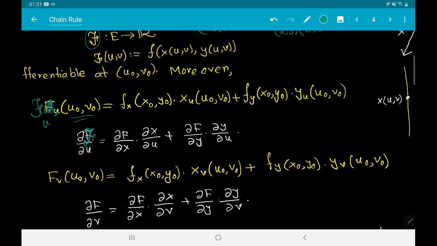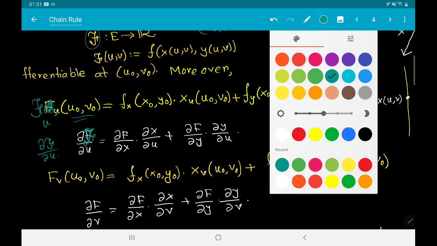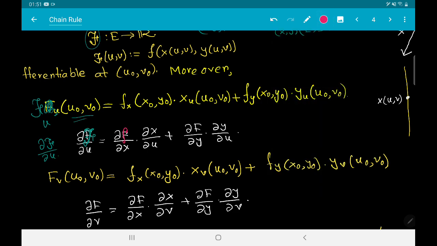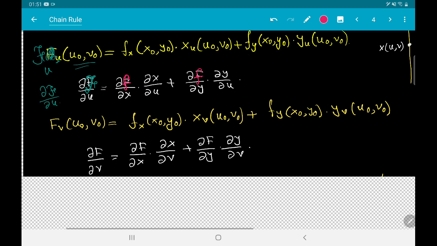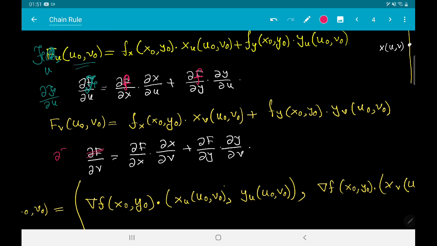Informally speaking, this is del script f del u equals del small f del x times del x del u plus del small f del y times del y del u. And del f del v is equal to del small f del x times del x del v plus del small f del y times del y del v.